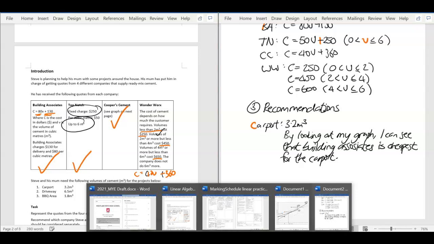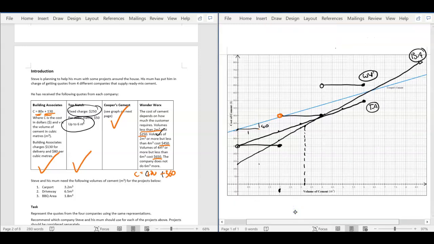So what we could do is we could go to our graph and we could go back towards the y-axis just to see how much that would cost. And it looks like it's going to be about $380.